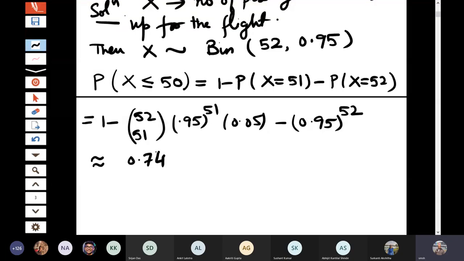That means the chance is a little more than 25% that he may not get a seat, and that is why you hear such news items that somebody went and could not get a seat, and then there was a big hue and cry.